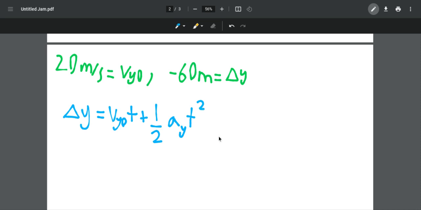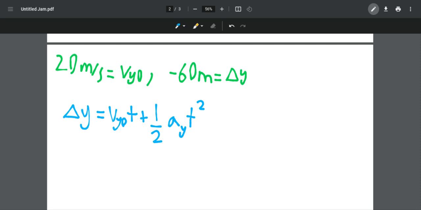Now, we should just plug in. But I should mention that for acceleration, because we're talking about the surface of the Earth, we should use negative 9.8, since the monkey throws the banana straight upward with a speed of 20 meters per second.